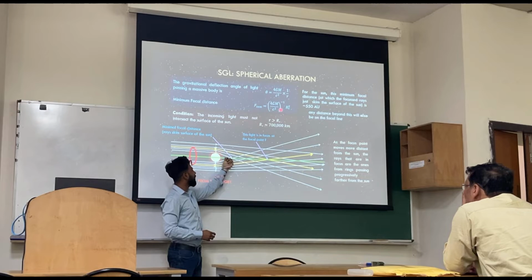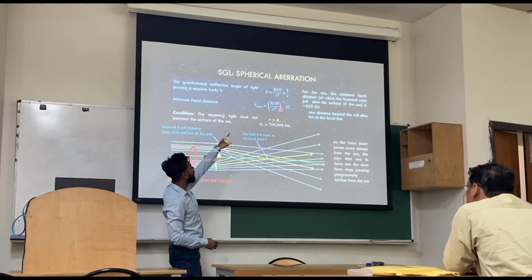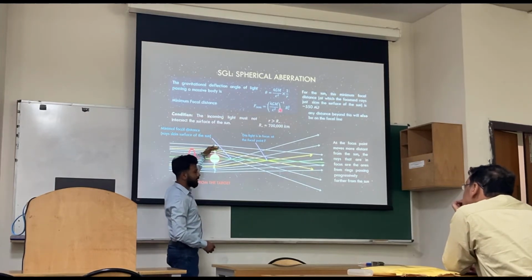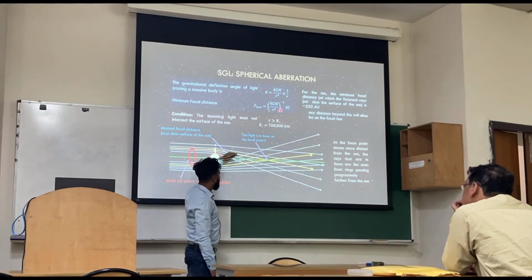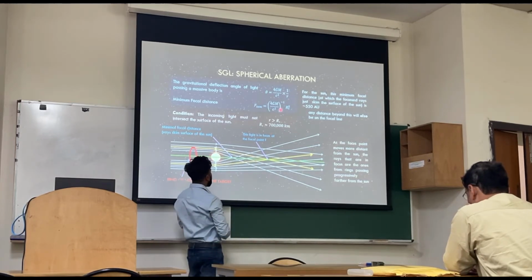No light will come before this point, and after that point, as I mentioned, theta is inversely proportional to r, so rays going away from the sun will converge at a greater distance, because the angular deflection is smaller.